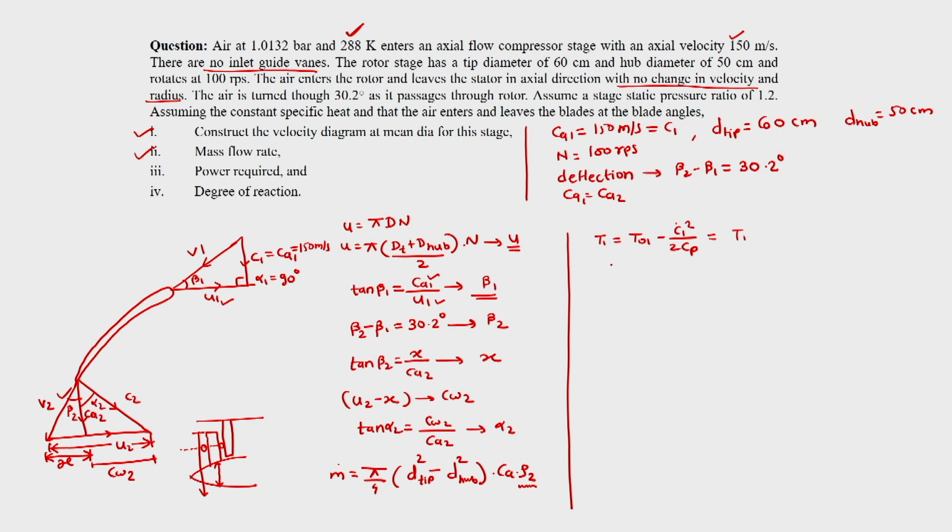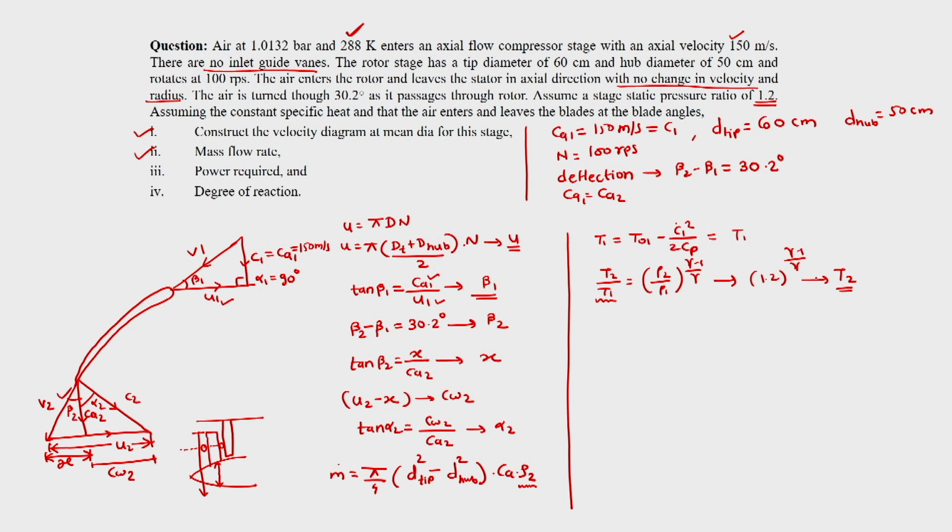But we know that T2 upon T1 is equal to P2 upon P1 bracket raised to gamma minus 1 upon gamma, and the pressure ratio is given to us as 1.2. So this is 1.2 bracket raised to gamma minus 1 upon gamma. Within that T1 is known to us, so from this formula we know T2.